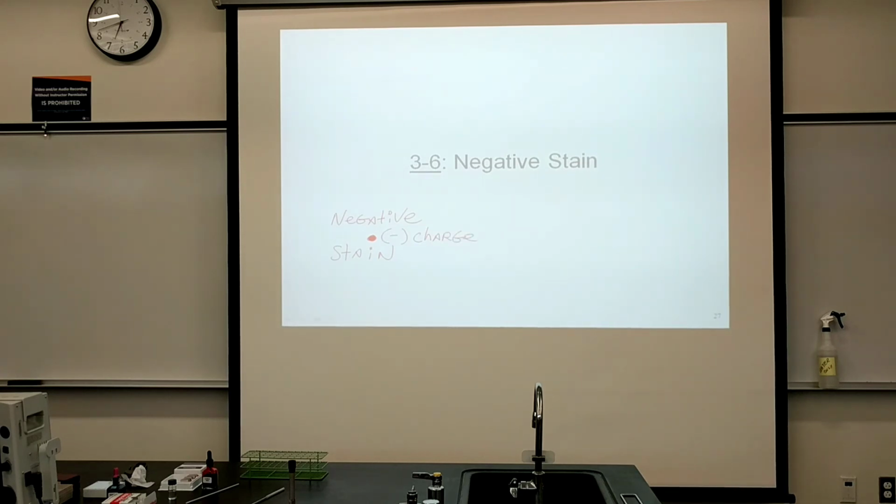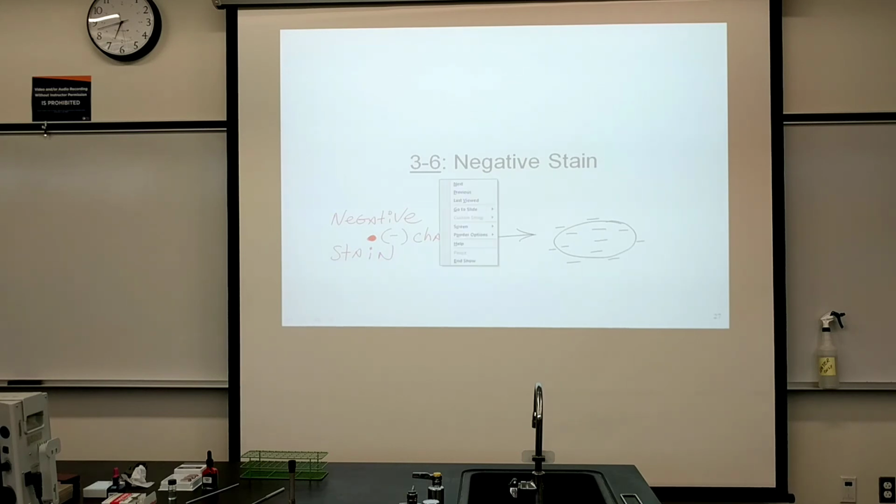And then when you combine the dye with whatever cells you're mixing it with, this is your cell, whether it's a gum cell or a bacterial cell or a cheek cell, whatever. Remember, all those different cells are going to be surrounded and filled with an overall net negative charge.